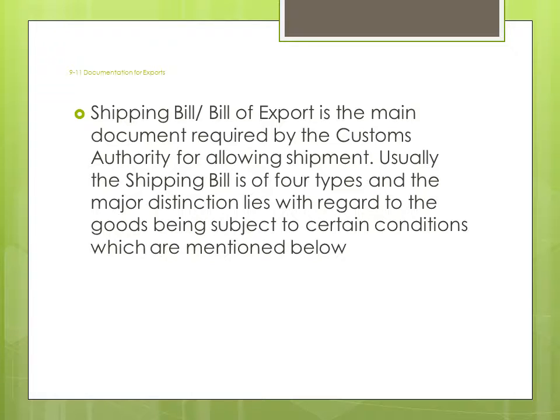Shipping bill or bill of export is the main document required by the customs authority for allowing shipment. Usually, the shipping bill is of four types and the major distinction lies with regard to the goods being subject to certain conditions which are mentioned below.